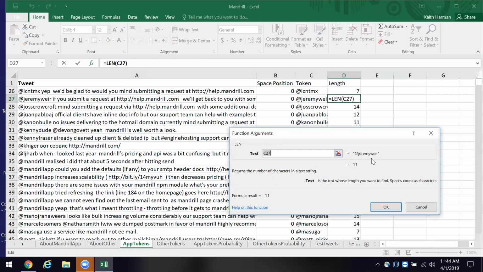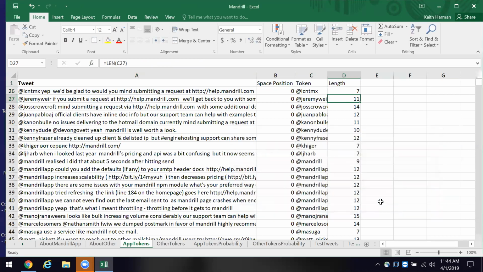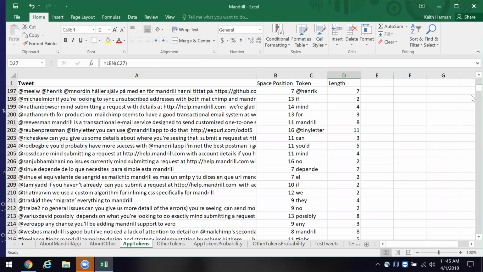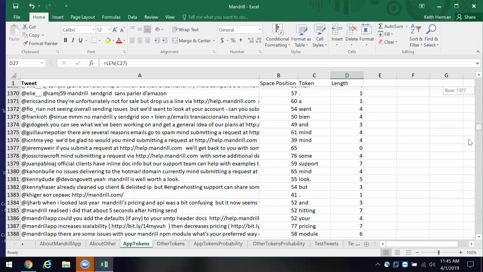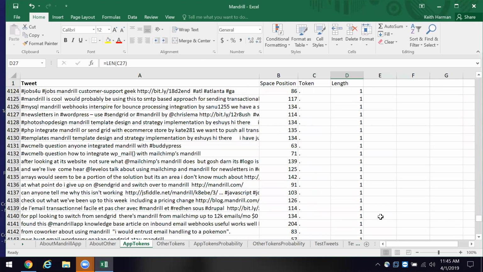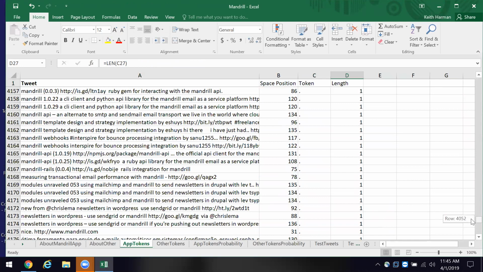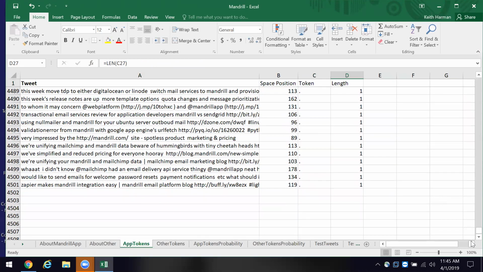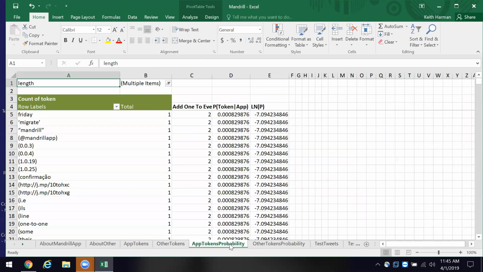You said, well, why is he computing the length? Well, it's very simple. Down here at the bottom, he's going to get a total number of tokens, and that's how he computes this probability. And if you look at here, you'll see the app token probabilities. There they are with their lengths.